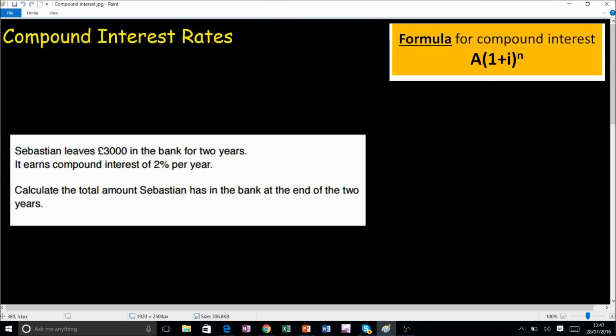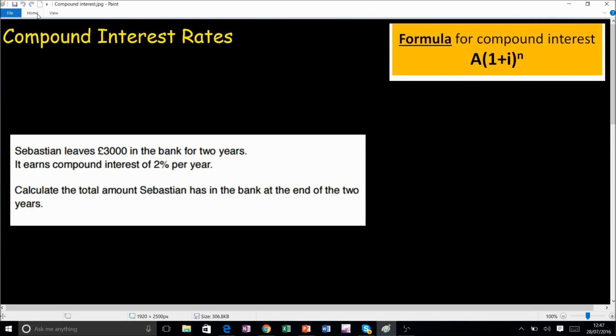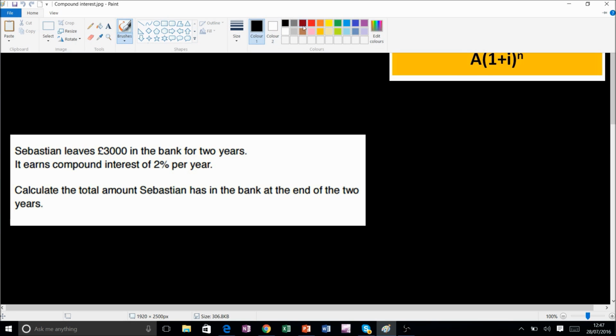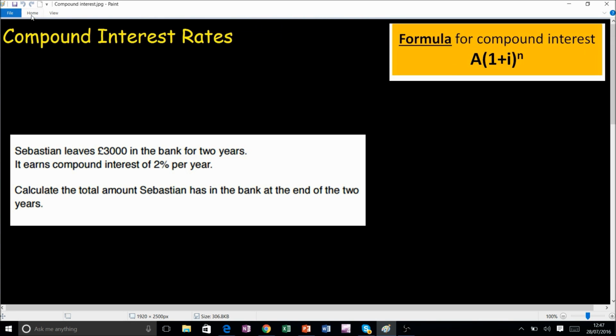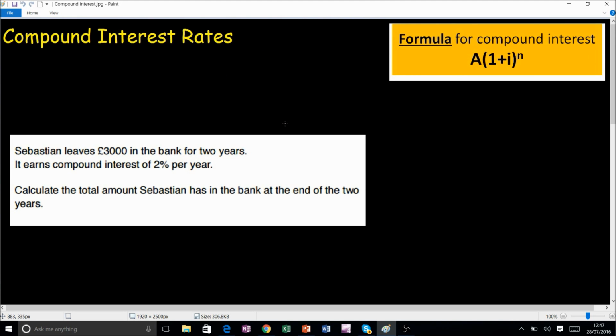So very quickly, let's just sort out my pen. We've got a formula in the top right corner, which basically tells us A brackets 1 plus I close brackets to the power of n. That is our formula, okay?